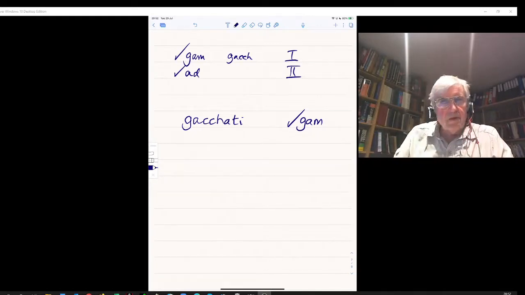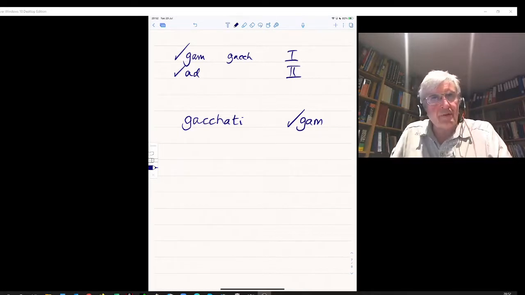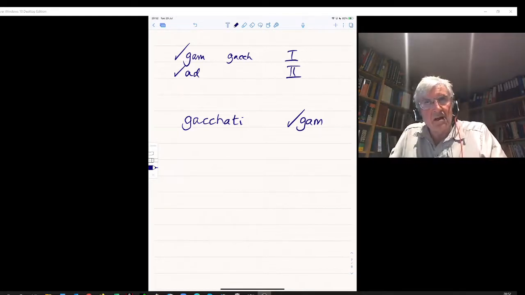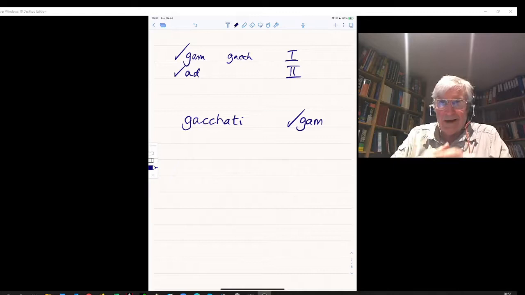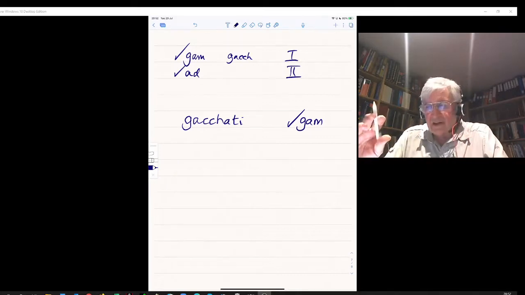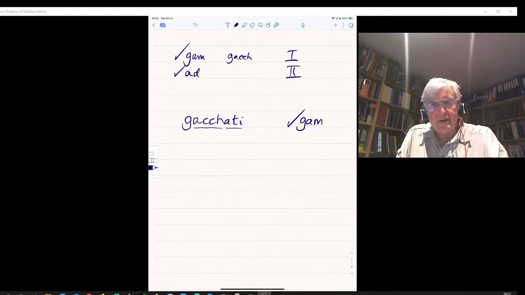Now, you can say 4 things about this gacchati. First of all, the tense. It's the present tense. He goes, is going. If it were the past tense, for example the imperfect, it would be agacchat. Gacchati, this ending with this present base, and the ending ati indicates present tense. That's the first thing you can say about it.